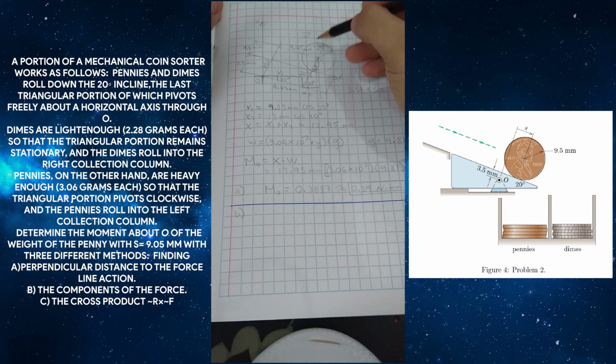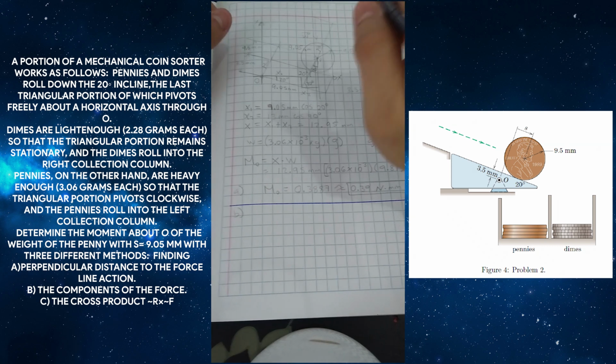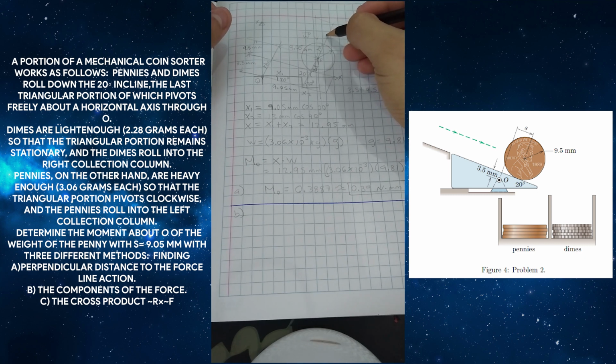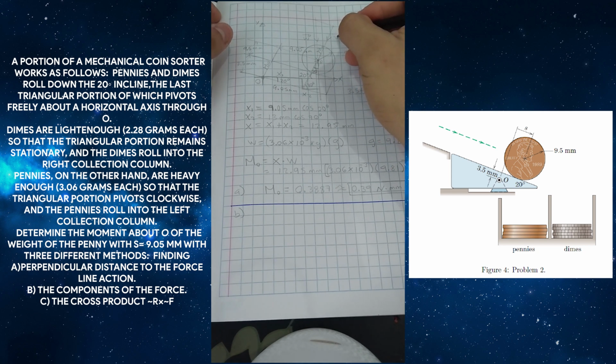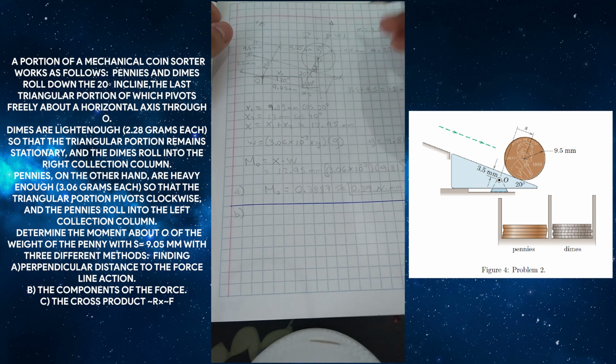So as we can see, we can transform this force into two forces, one force that is perpendicular to the inclined plane, that I'm going to call W perpendicular, and this other in this direction is parallel to the inclined plane, that I'm going to call W parallel.